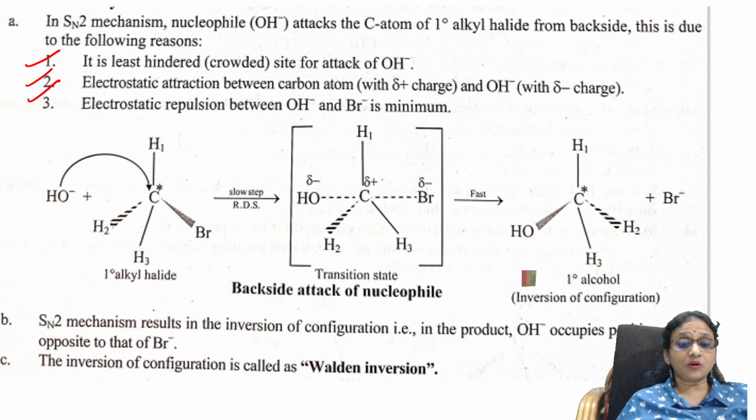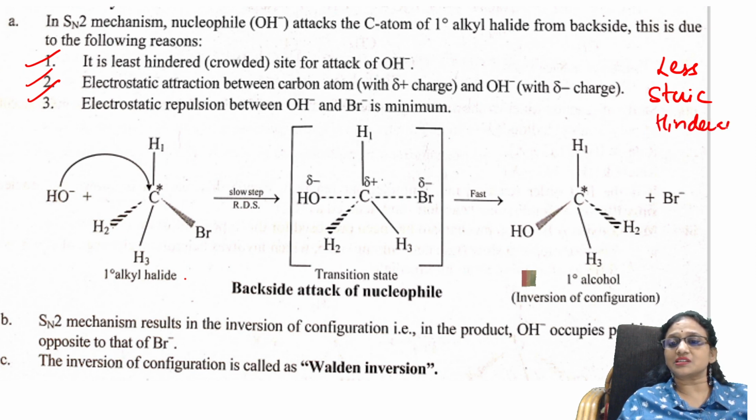First, in SN2 mechanism, we go with less steric hindrance, that is, less bulky groups. Got it, students?